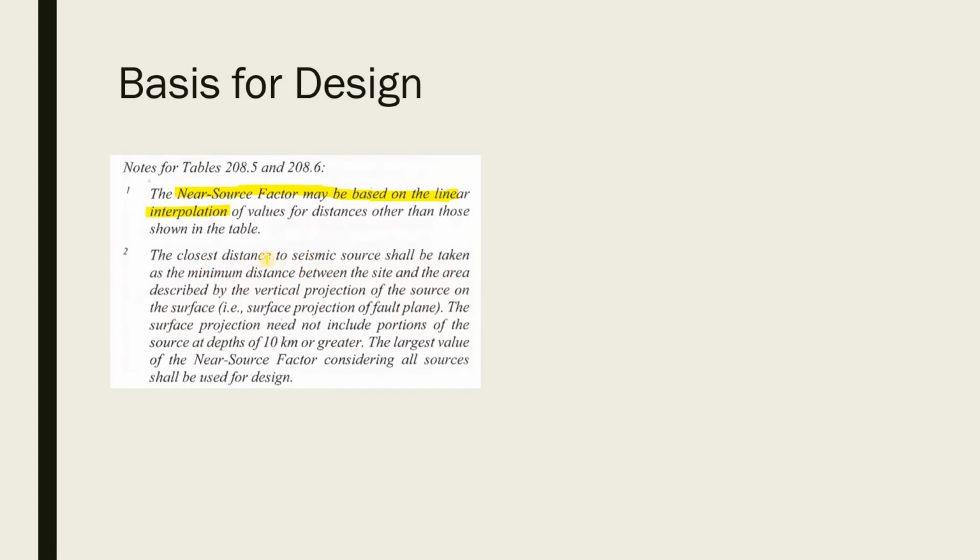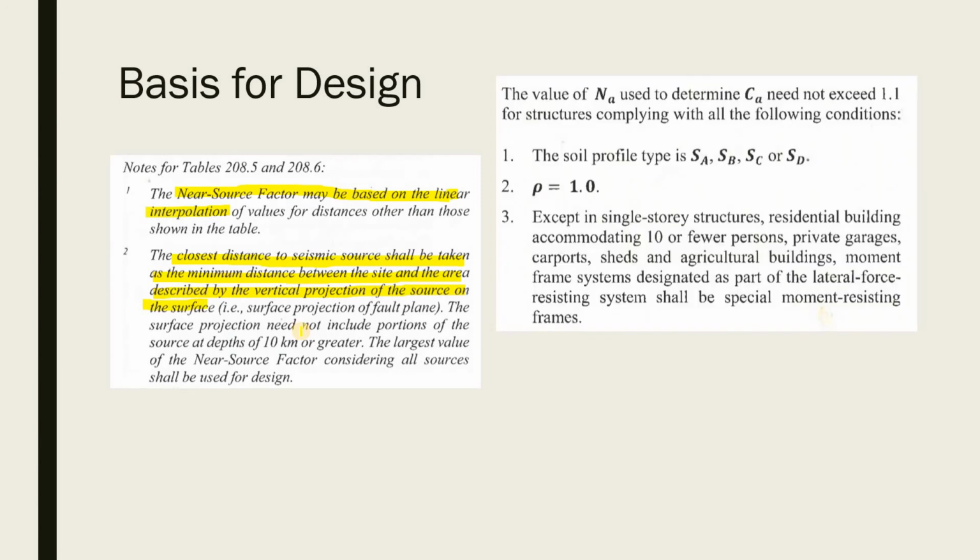Okay, the closest distance to seismic source shall be taken as the minimum distance between the site and the area described by the vertical projection of the source on the surface. Okay, the value of N sub A used to determine C sub A need not exceed 1.1, okay, in compliance to the following.